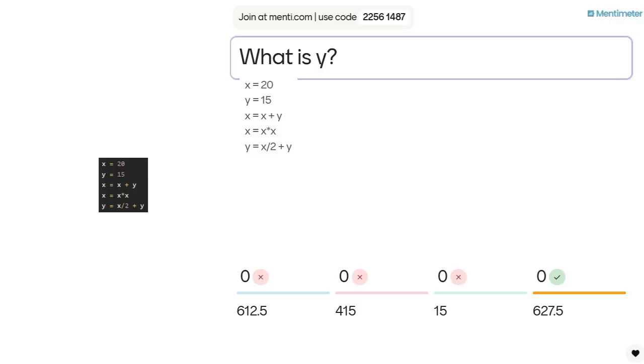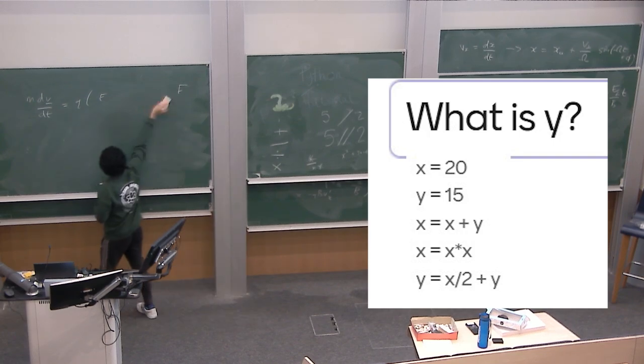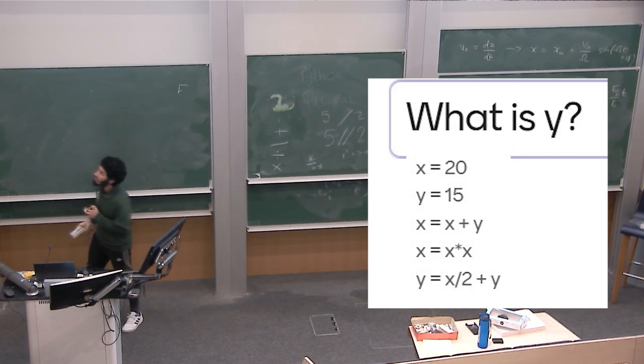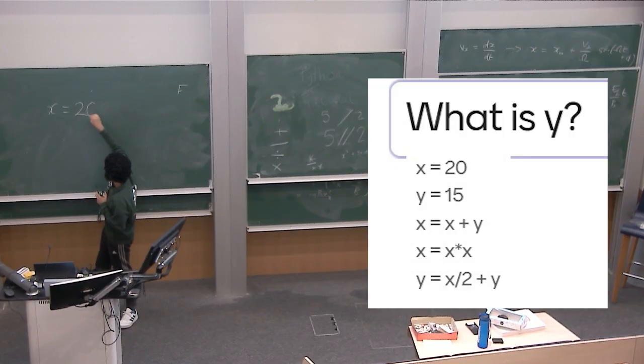Okay, what's the value of y after this? Okay, 3 people got it right. Let's walk through this one. Okay, so at the start we have x is equal to 20. Okay, x is set to 20 right at the start. Then we have y is set to 15.